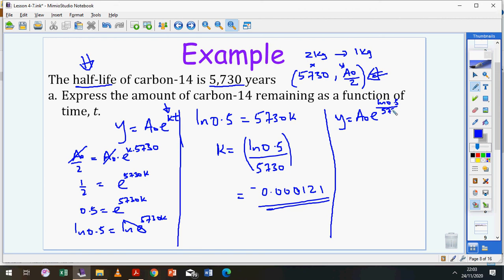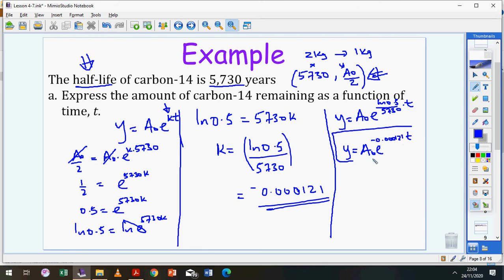This is my expression for the carbon-14 remaining as a function of time, okay? If you want, you can write this whole negative thing there. But that's n naught e to the negative 0.000121 times t. That's your equation.